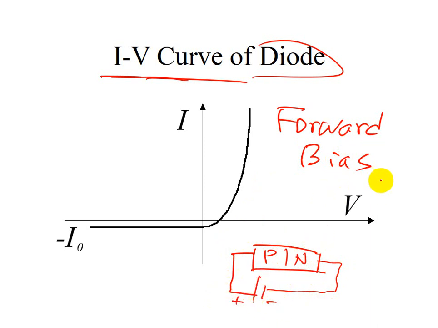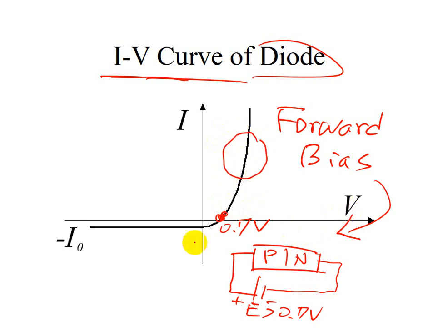In this case, this is called forward bias. When you have external voltage higher than 0.7 volt, in forward bias, current goes through according to your voltage.